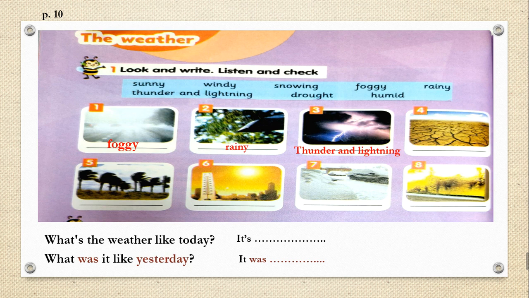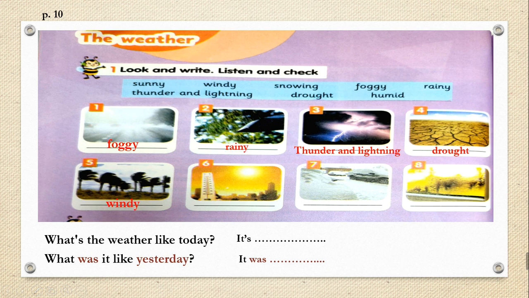Excellent. Thunder and lightning. Number 4, can you see the ground? There is no water. It's very, very dry. Excellent. Drought. Number 5, can you see the palm trees? Yes, it is moving because of the wind. Excellent. It's windy.